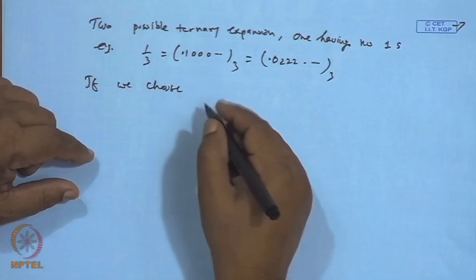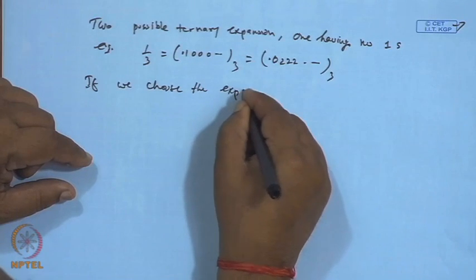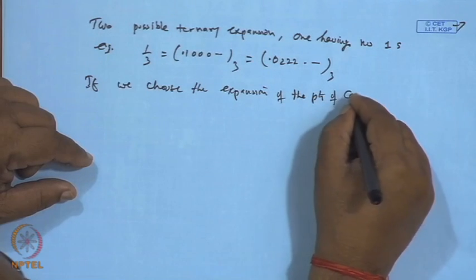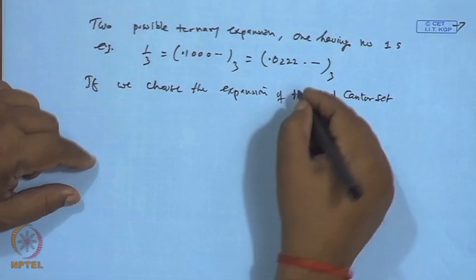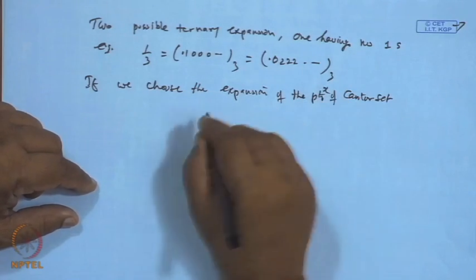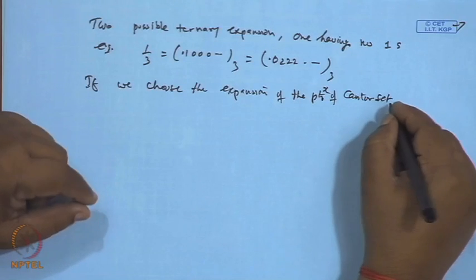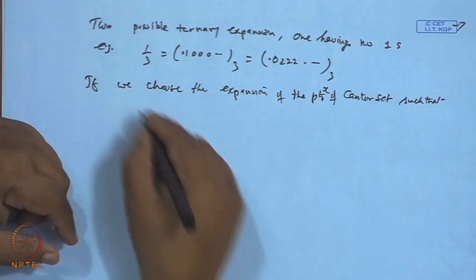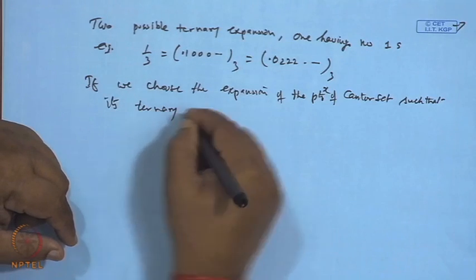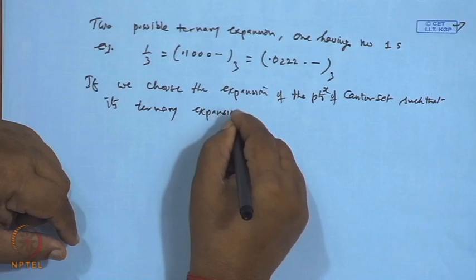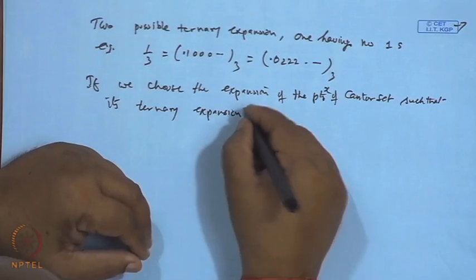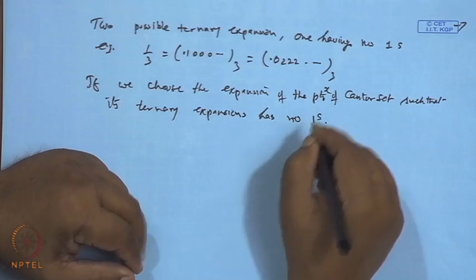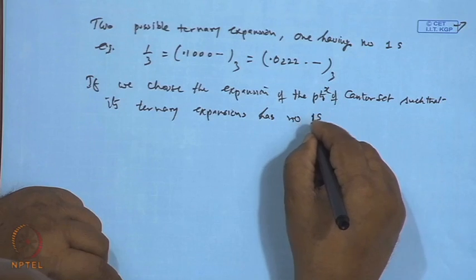So now we choose the expansion of the points x of the Cantor set in such a way that its ternary expansion has no ones.